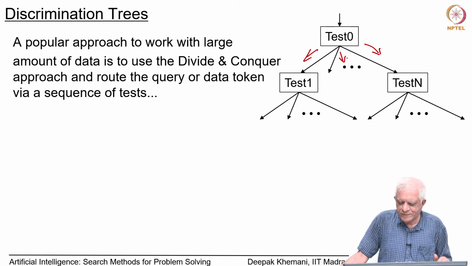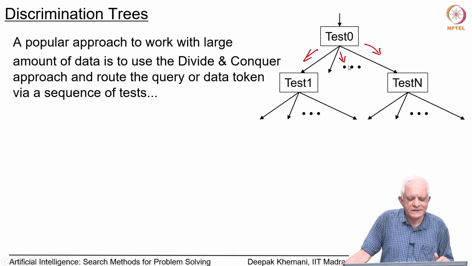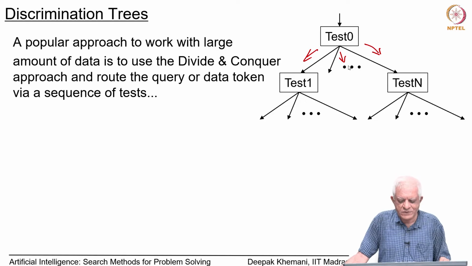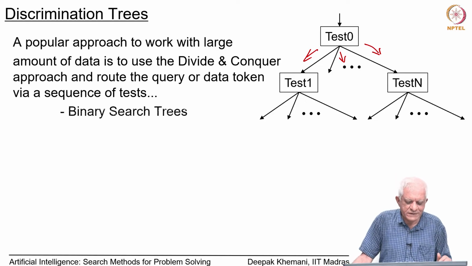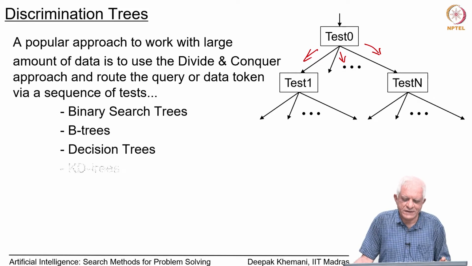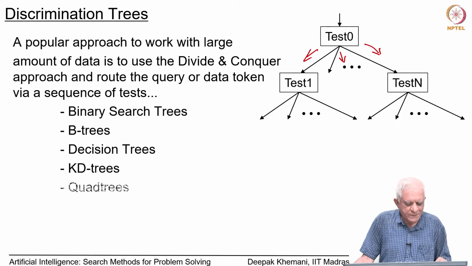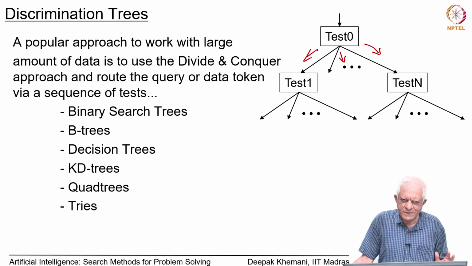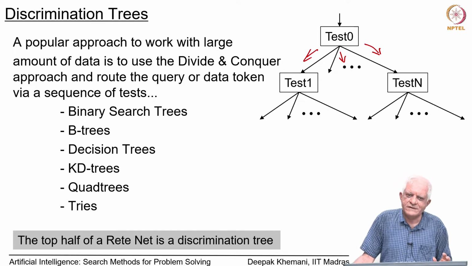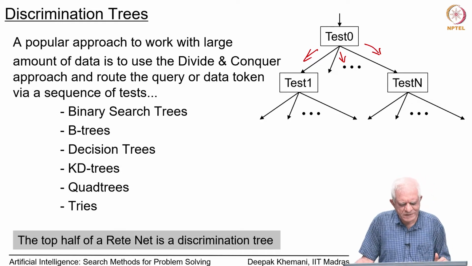I am sure you are familiar with this kind of trees. The most common of them are binary search trees, which all students start with when they look at data structures. There are also B trees and decision trees, if you have looked at machine learning; KD trees, K dimensional trees, which are used in case based reasoning quite a bit; quad trees, which have to do with images; and tries, which have to do with words and alphabets and how to match strings.